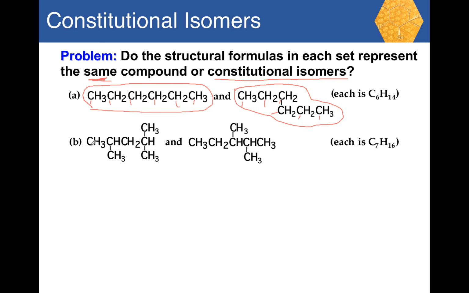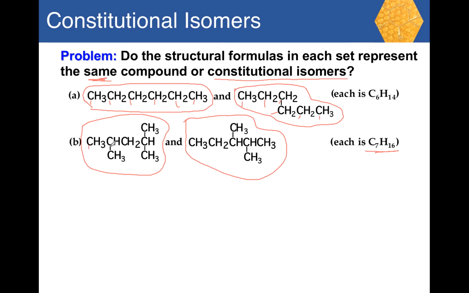Let's look at this one, however. This molecule here, question is, is this molecule the same or different, or are they isomers? Notice the formula here for both is the same. So you'll have to determine the connectivity. Are they different or are they the same?